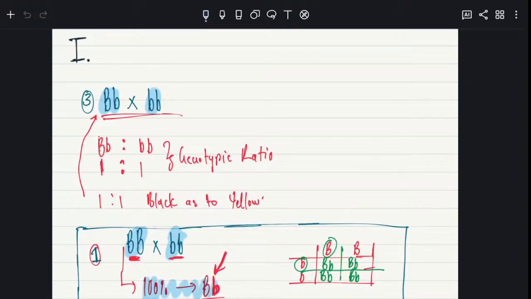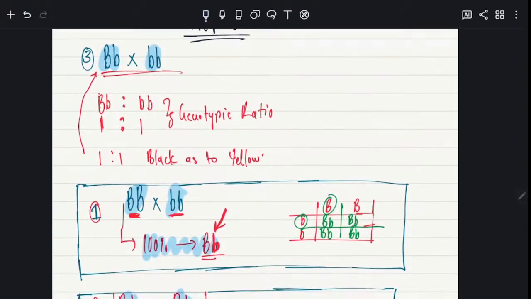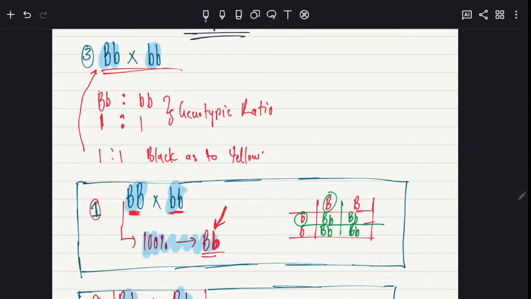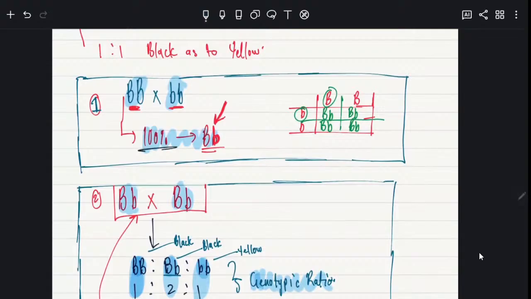Genotypic ratios. I've done them here, okay? 1 is to 1 when you cross a heterozygous and a homozygous recessive. Then there's no ratio here because all the offspring are heterozygous, so you get 4 is to 0 when you cross homozygous and homozygous.